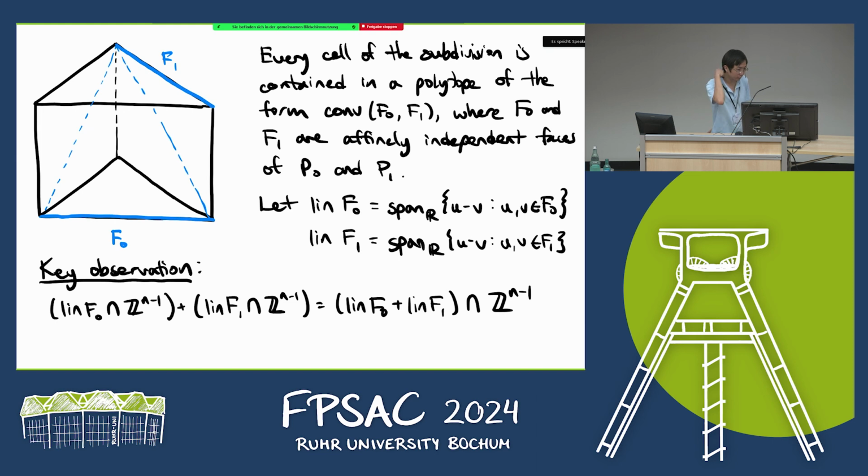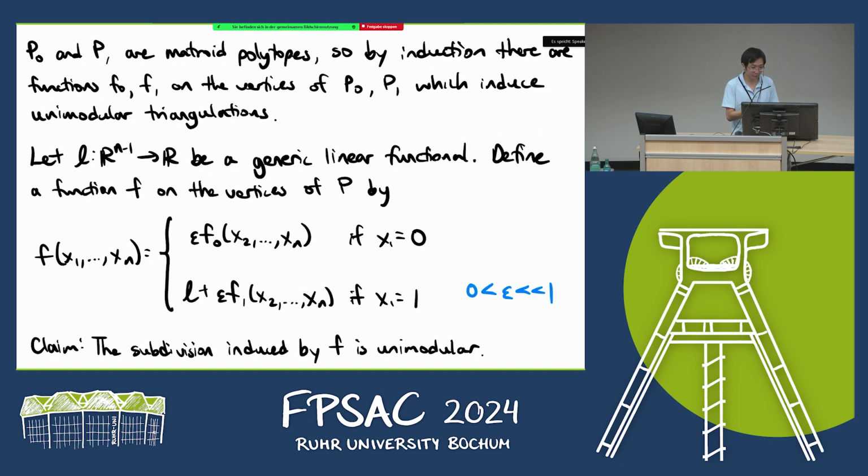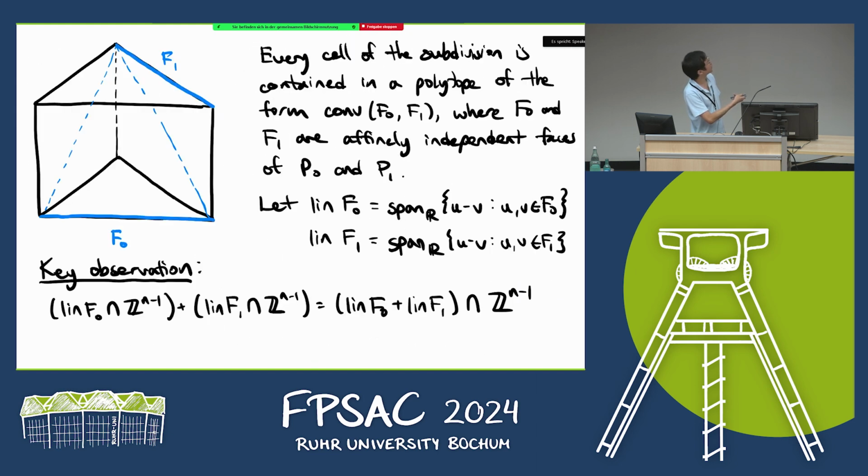Okay, so quickly, what is the idea behind this? When you do this, if you start just with L, you get some subdivision where all the cells will be of the form where you take a face of the top polytope and a face of the bottom polytope, and you take the convex hull of those.